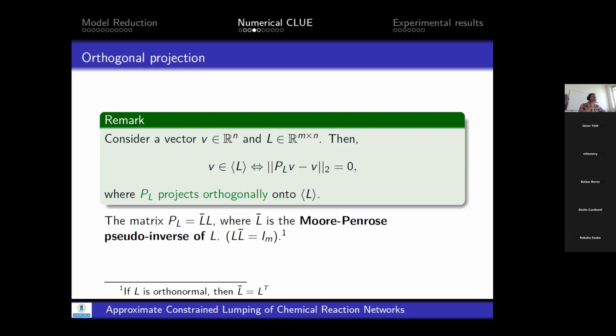But when you have these two products, it will be precisely the orthogonal projection operator. Why do we care about this? This is a bit technical, and the Moore-Penrose pseudo-inverse may be tricky to compute. So usually you don't want to keep L as it is, but you want to keep it orthonormal, as in the Gram-Schmidt algorithm, because then the pseudo-inverse is just the transpose. This is very helpful for computing things, because you just need to transpose in order to get this inverse. Good.